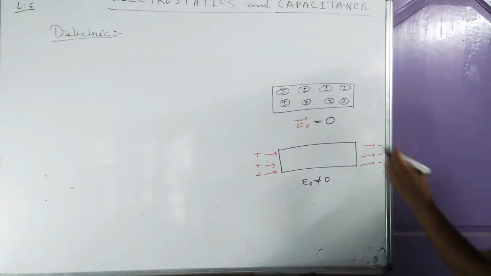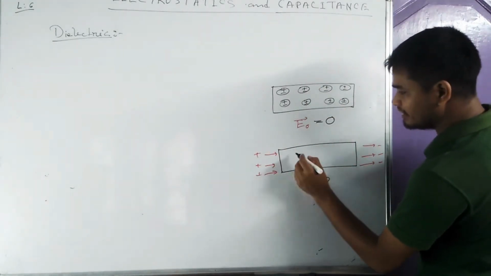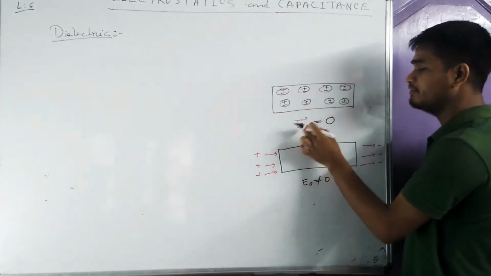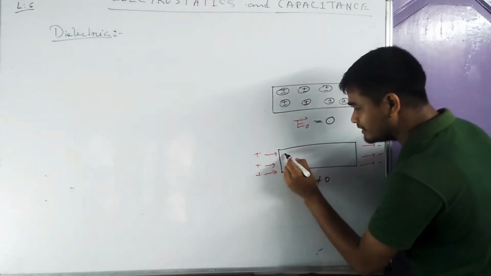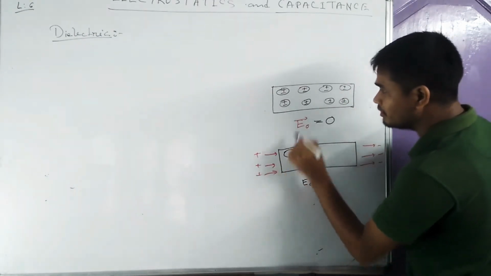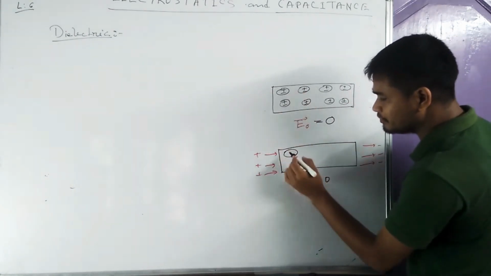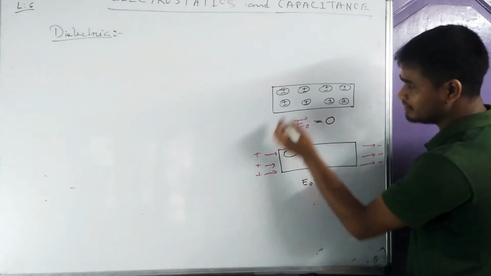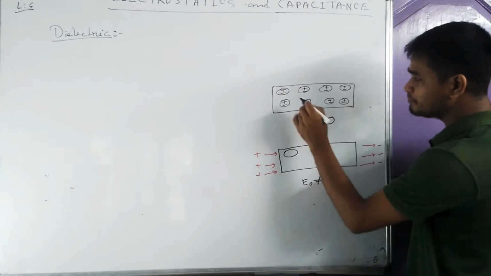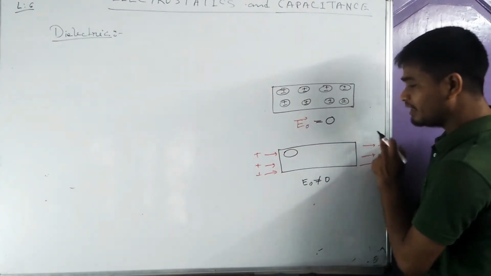We place this dielectric inside an electric field. Then what will happen? These molecules, when the electric field is 0, behave like this. This is plus, so the positive charge will repel back the positive charges. That is, the electrons are attracted by these charges.